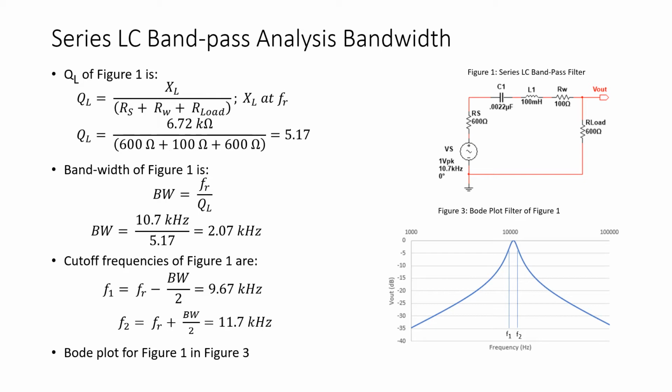And we can approximate F1 and F2 by taking FR minus bandwidth divided by 2 to find the lower cutoff frequency, 9.67 kilohertz, and FR plus bandwidth divided by 2 to find the upper cutoff frequency, 11.7 kilohertz. And the Bode plot for the band pass filter of Figure 1 is shown in Figure 3.